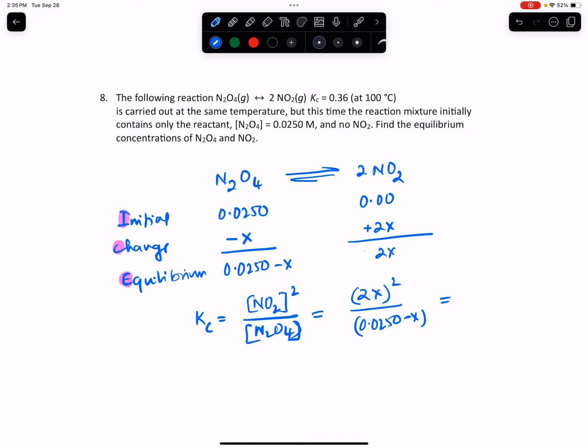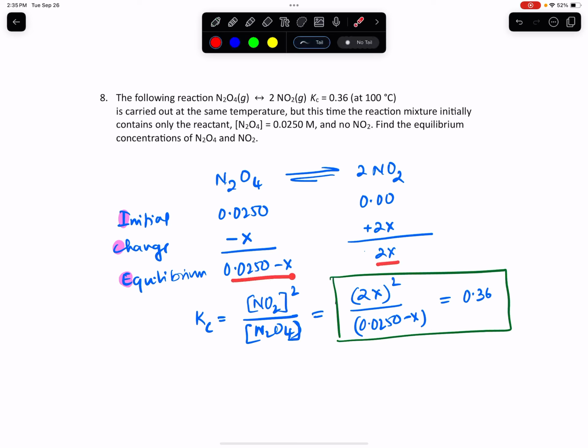That's what's given to us. So really, we have to solve this equation for x in order to find the equilibrium concentrations, because that's what the problem wants us to do. Once we find x from this equation, we can plug x in out here. So 2x would be the equilibrium concentration for NO2, and 0.0250 minus x would be the equilibrium concentration for N2O4.